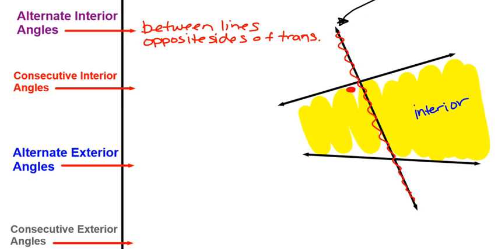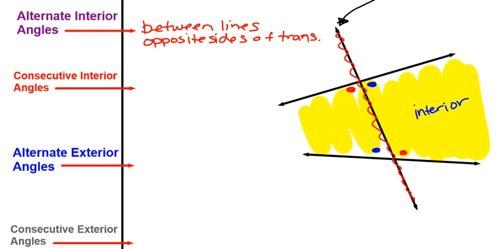So this would be one of the angles, and this would be the other angle. Notice that they both are in the yellow. One dot is on the left, one dot is on the right. If I were to think of this red dot and put it up here, those are a linear pair. That's different. Notice that we're bringing it down there. Those are my alternate interior angles. The other alternate interior angles would be on the upper right and the lower left.